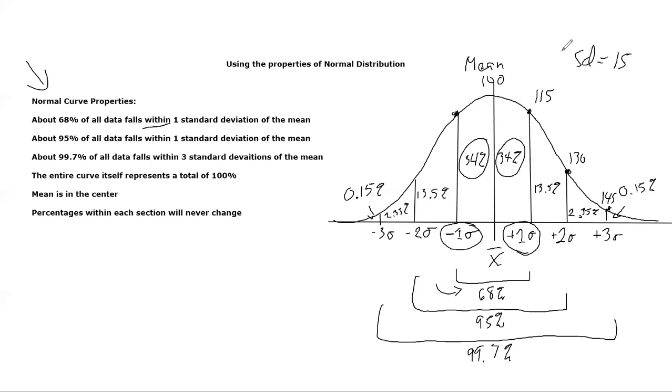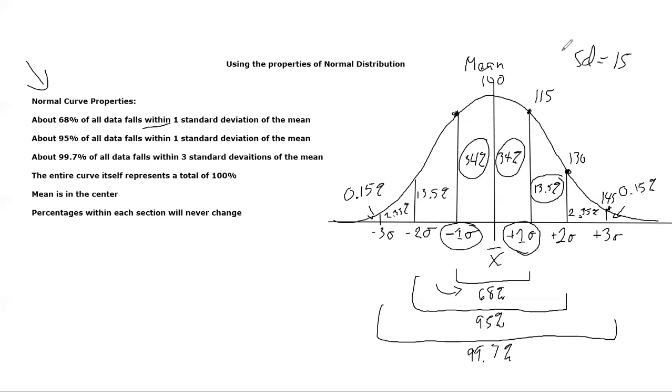But the percentages inside will never change. You see how it's 34, 34, and then the next section, it's smaller? It's like a steep curve. This is 13.5% within. So the numbers between 115 and 130 represent 13.5% of the data. The numbers between 130 and 145 represent 2.35% of the data.